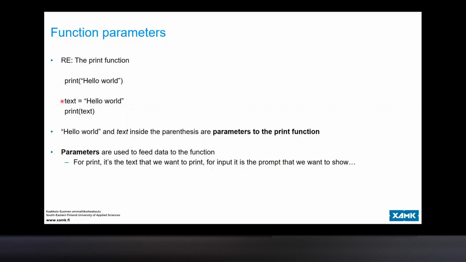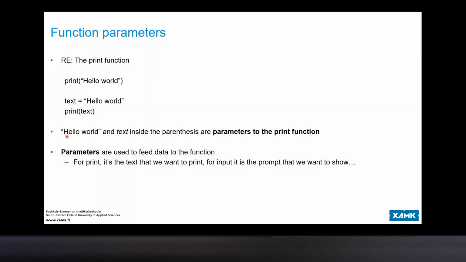And as you may have figured out by now, you can also place whatever text you want to print inside a variable and just pass that variable to print as well. So you could do the same thing either way here. Printing hello world could be done with either of these ways.